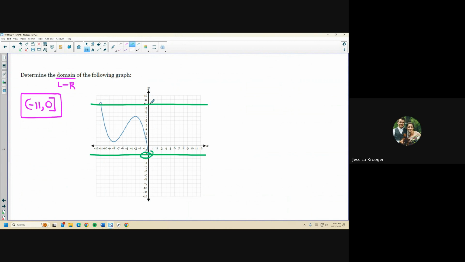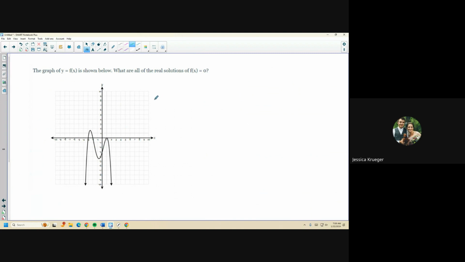So where is the bottom and the top on the y-axis? The bottom is at -2. I can see that's a closed circle, so I set up a square bracket there. And the top of the function is at 10. It's an open circle, so I go ahead and use a curved parenthesis. So there's domain and range.